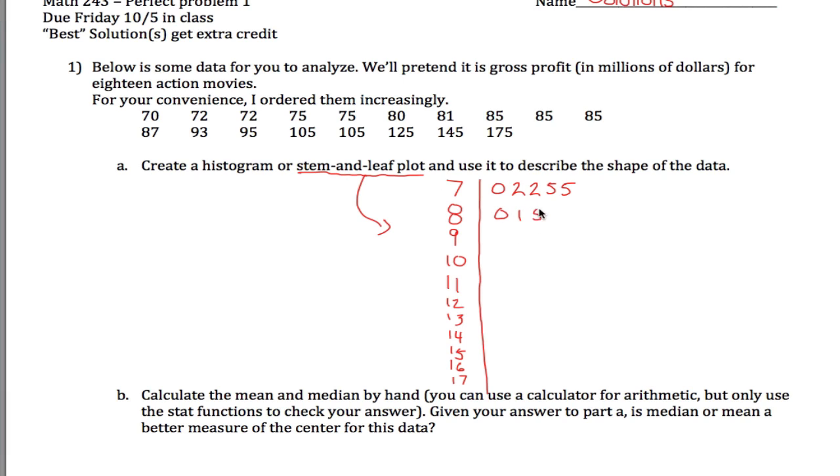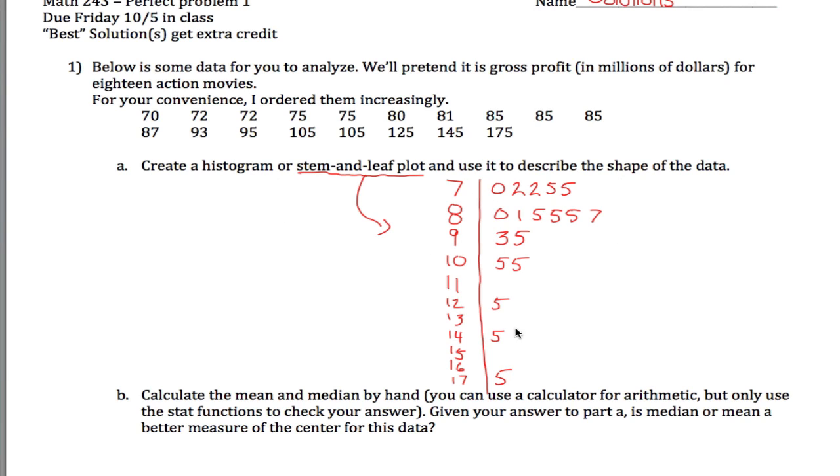In the 9s, it looks like I got 2 of them, a 93 and a 95. 10s, I got 2 105s. No 11s. 12s, I got a 125. 14, I got a 145. And 17, I got a 175. So something like this will work for a stem and leaf plot.